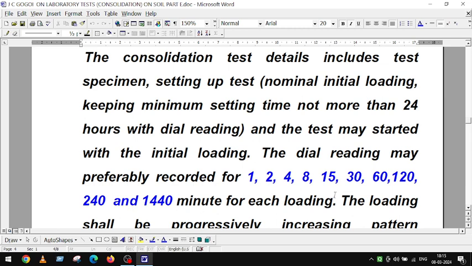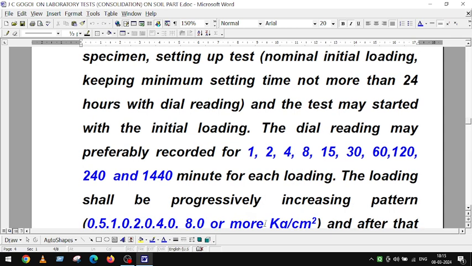For each reading, it should go from 1 minute to 24 hours. The loading shall be progressively increasing in pattern 0.5 kg, 1 kg, 2 kg, 4 kg, 8 kg, that or more.